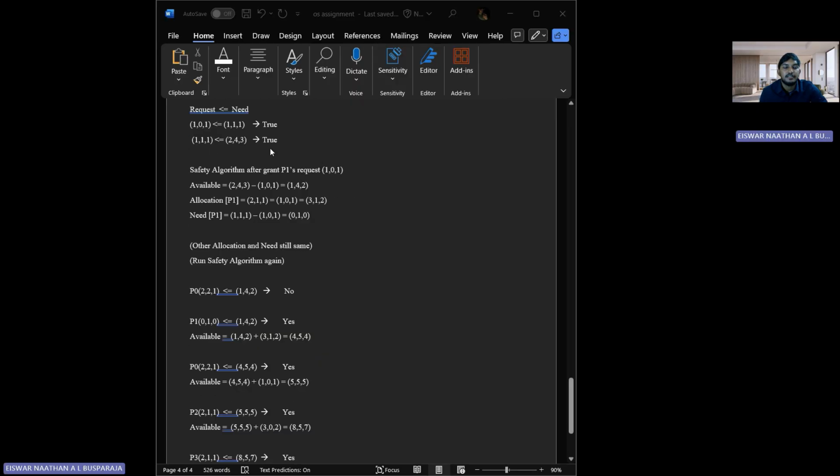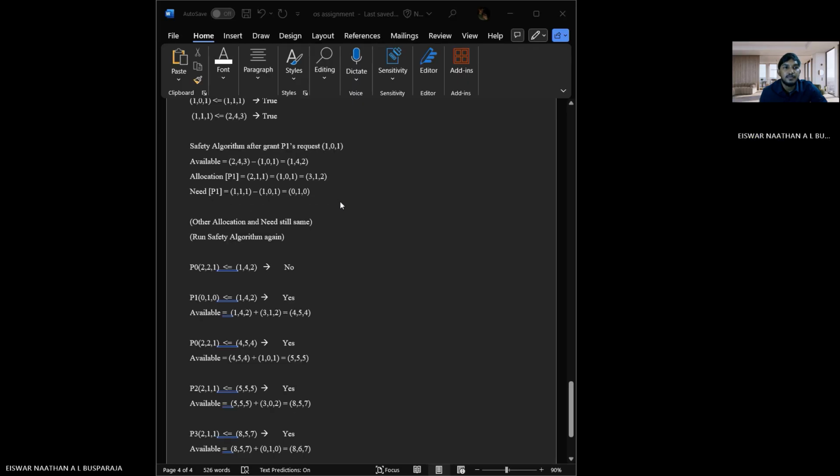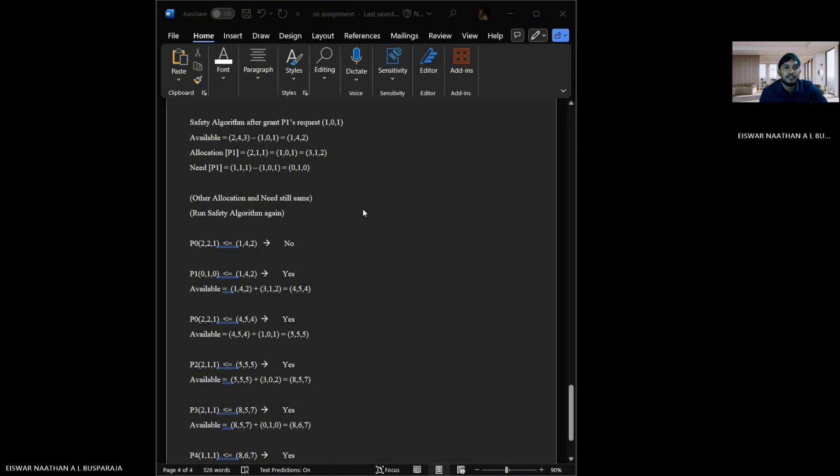Now we check the safety algorithm after granting process 1's request of 1, 0, 1. Here you can see the available after granting P1's request, and the allocation and need too.